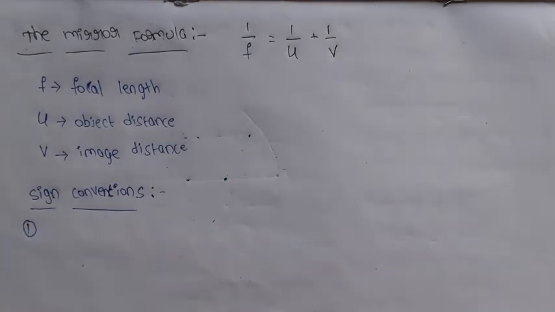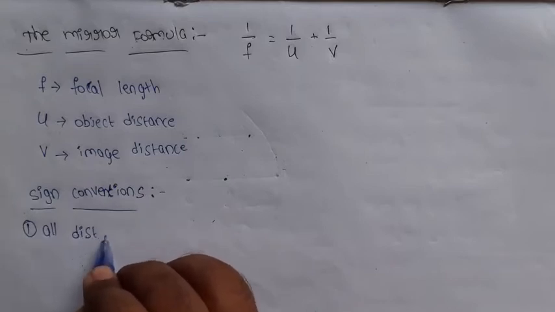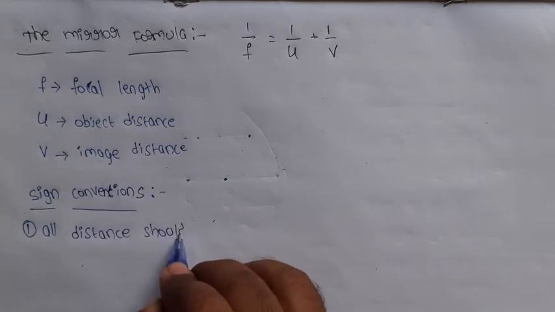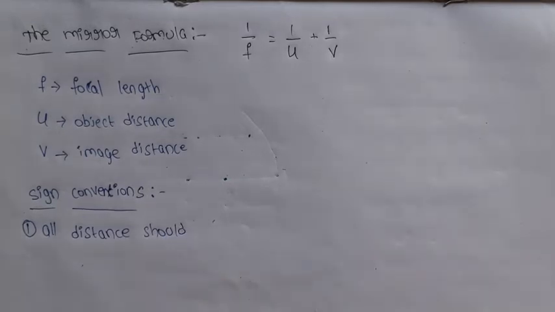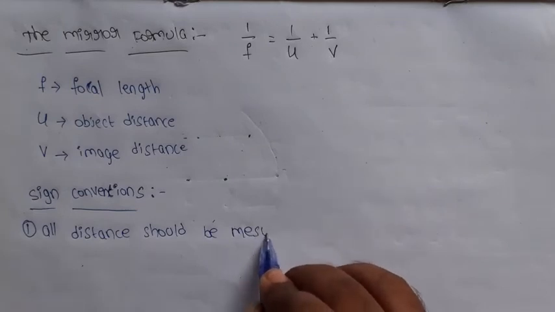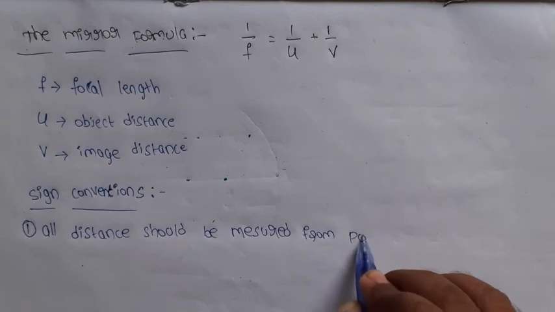First rule: all distances should be measured from the pole.